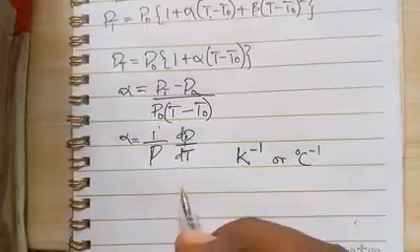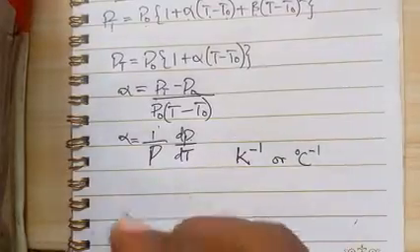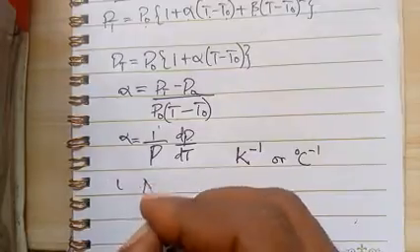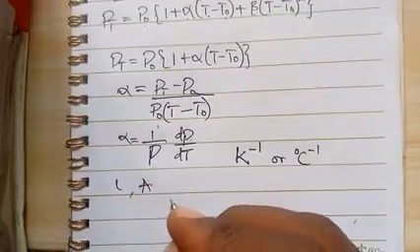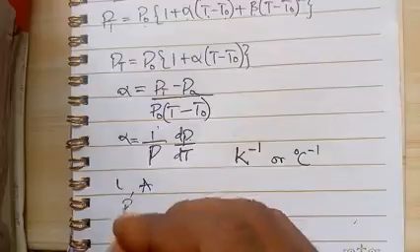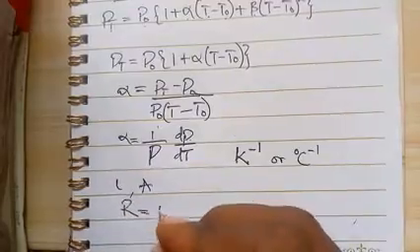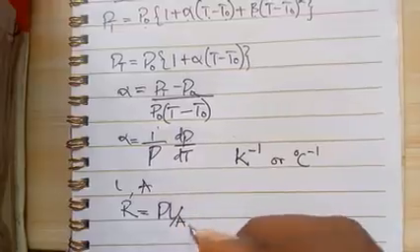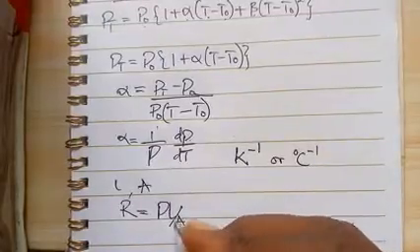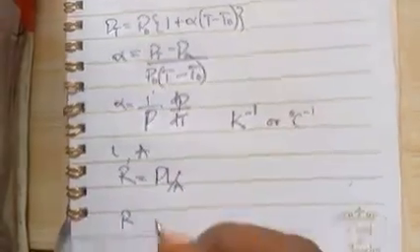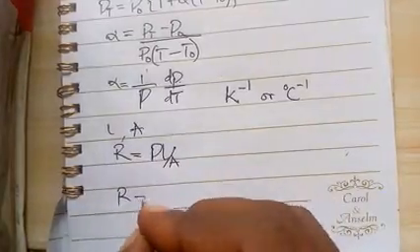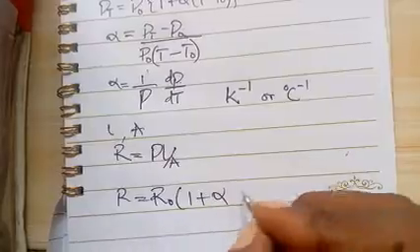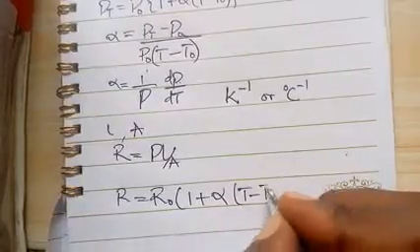Now, if we have a conductor of fixed length L and cross-sectional area A, we may use the relation R is equal to rho L over A, if you can remember. And we can rewrite it as R equal to R naught into 1 plus alpha into T minus T naught.